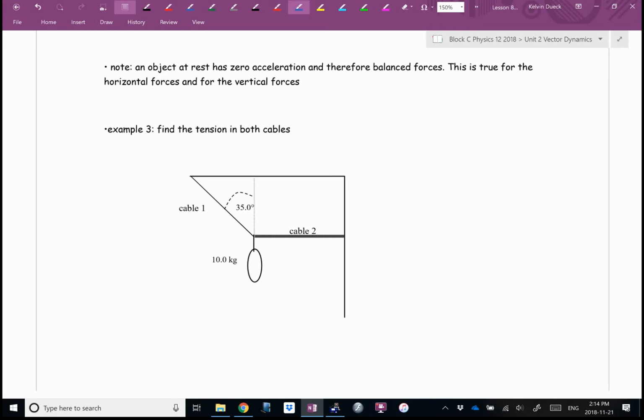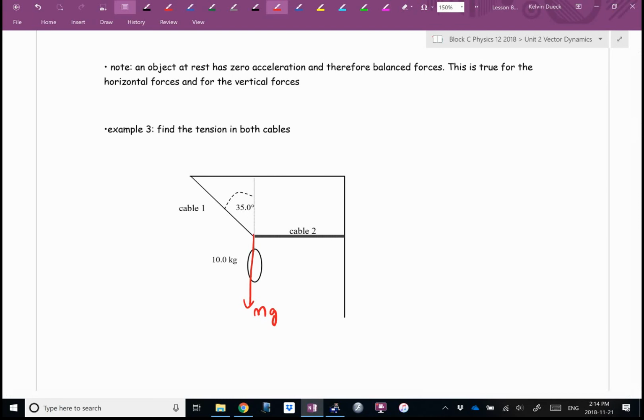I'm going to do a free body diagram, not on the mass, but right there where they all join. What are the forces acting at that spot? Get the obvious one: mg. What else? How many cables do I have?